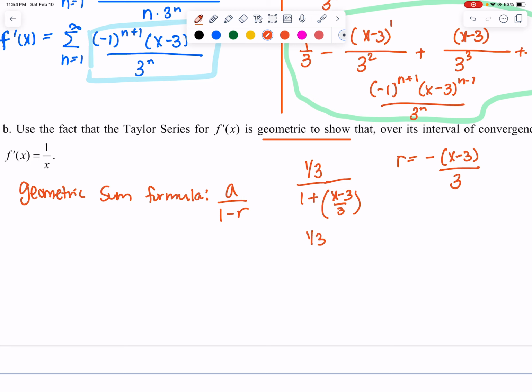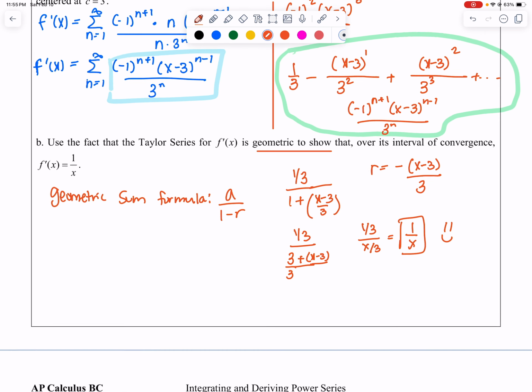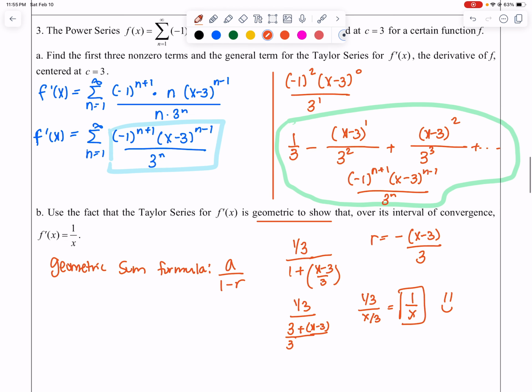So I have 1/3, and then I'm going to have 3 over 3 plus x minus 3. So now I have 1/3 over x over 3, which is essentially the same thing as 1 over x. Yay! So that was number 3.